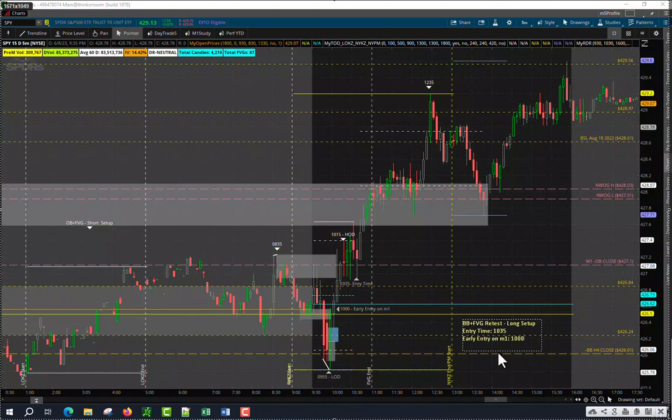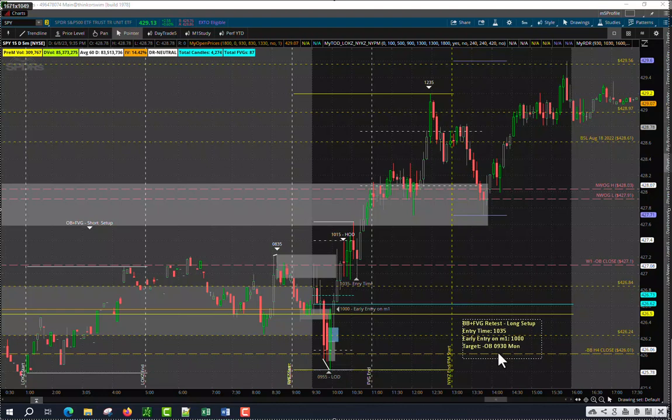Our target, we can see our target is a bearish order block at 9:30 on Monday.